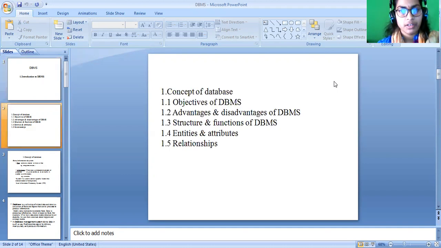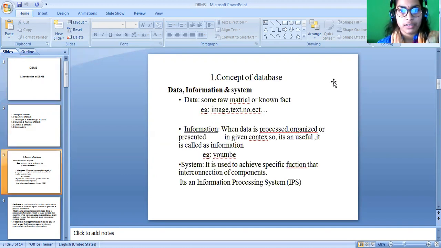In DBMS, first we will learn data, information and system. Data. Data means what? Some raw material or some known facts. Data contains things like phone numbers, contact numbers, text, images, audio files, video files; all of that we can say is data.